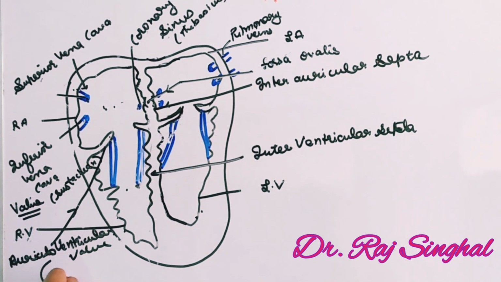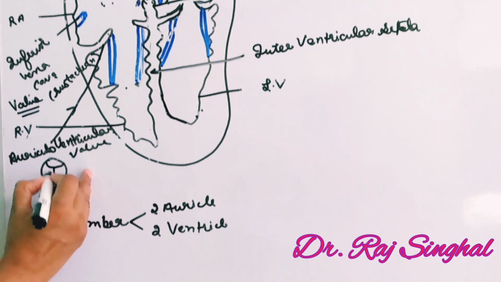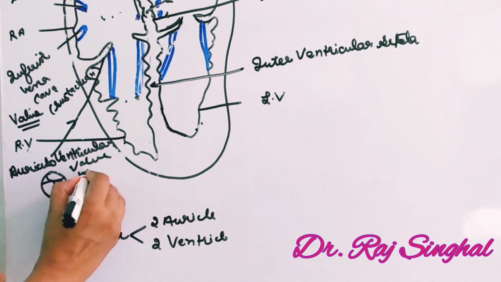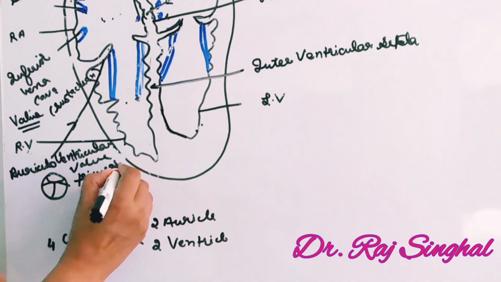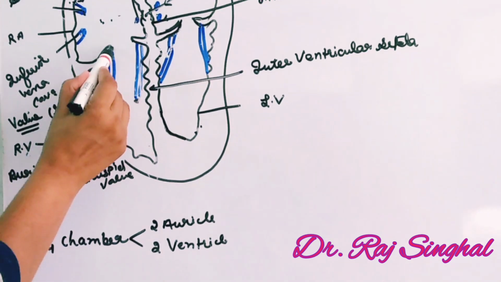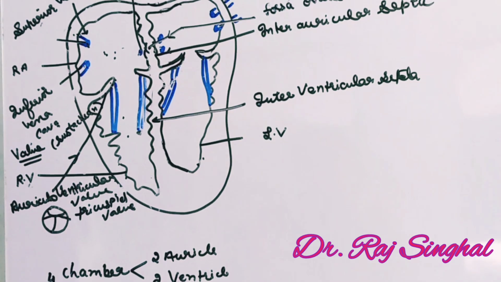If we see the section of this valve, then we can see 3 flaps, because of which it is also known as tricuspid valve. This valve prevents the blood from backflow of ventricle to auricle.